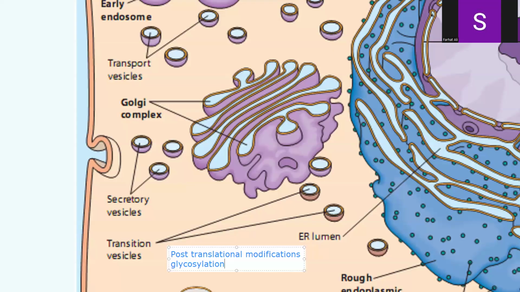And this attachment of the carbohydrates to the proteins mainly takes place inside the Golgi complex. Then proteins undergo other types of modifications as well. So these post-translational modifications, most of them, occur inside the Golgi complex. Some modifications do take place in the ER, but most of the modifications of the proteins occur inside the Golgi complex.